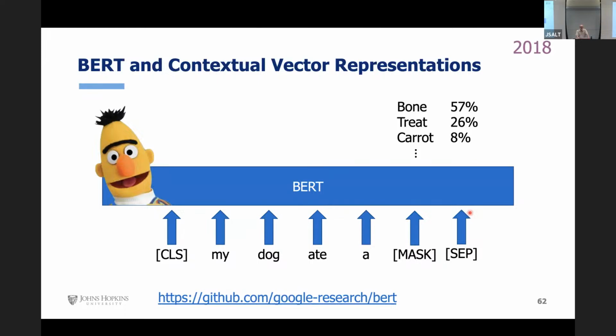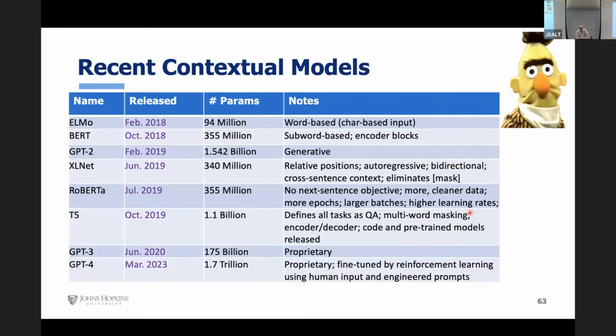So it would mask out words in the input and try to predict them. So here, if the input had a mask on the penultimate token, it would give you a probability distribution over tokens that said how likely those tokens were to fit that spot. There are other contextual models you all know about.